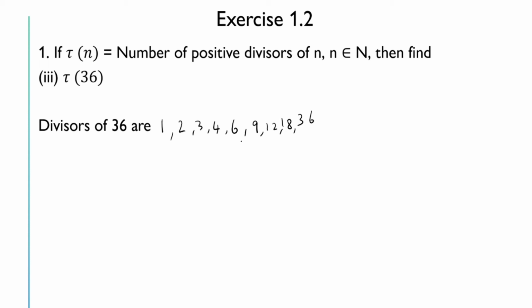So the various divisors of 36 are 1, 2, 3, 4, 6, 9, 12, 18 and 36. So the number of positive divisors of 36 is 1, 2, 3, 4, 5, 6, 7, 8, 9. So the number is 9. So tau of 36 is equal to 9.